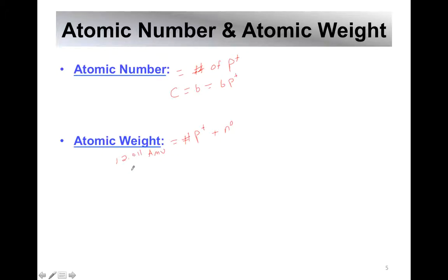So there are 6 protons in carbon because we know that its atomic number is 6. So therefore, if there's 6 protons, there has to be 6 neutrons in carbon. To get the number of neutrons, you can subtract the number of protons from the atomic weight.